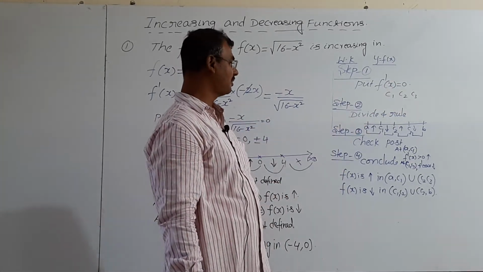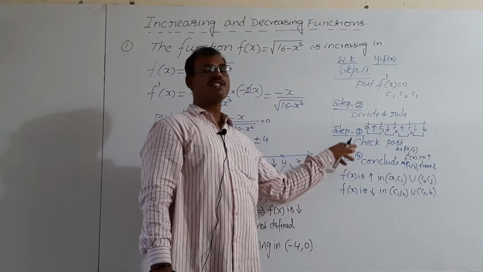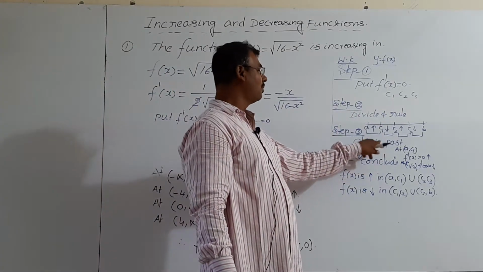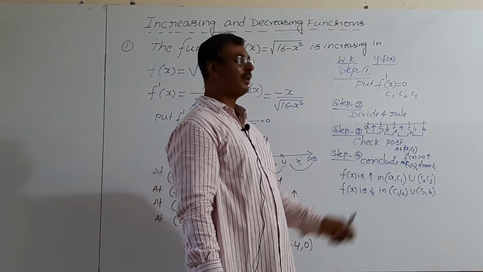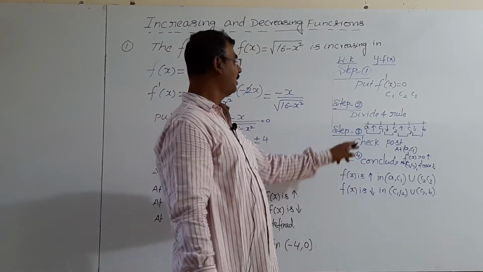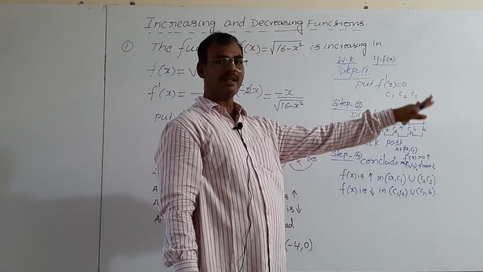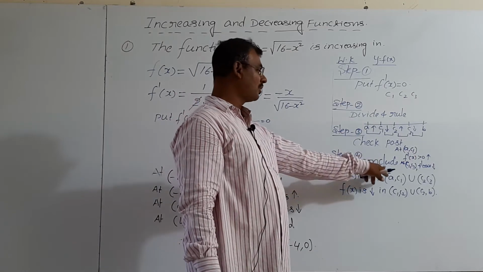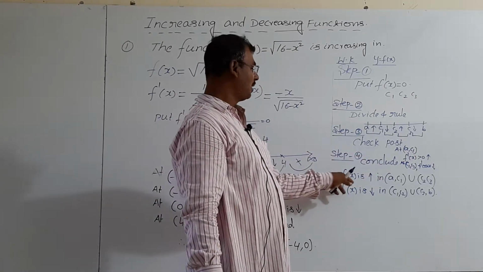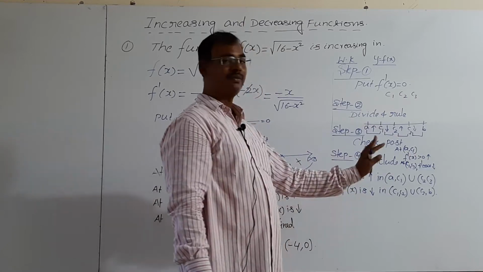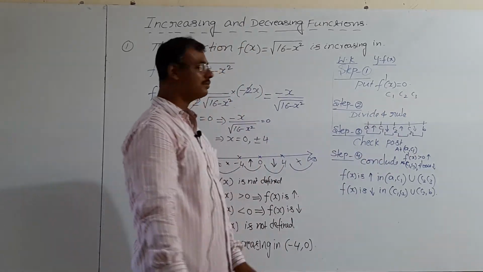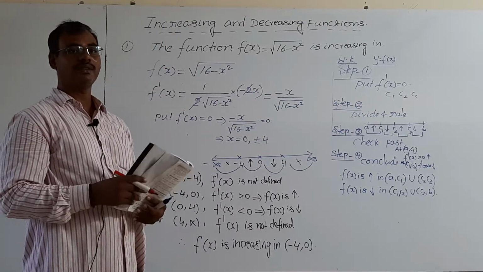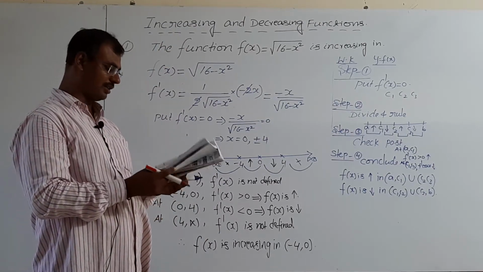Third step is check post: find the sign of f dash of x in the subintervals, either increasing or decreasing. After that, conclude the increasing function and decreasing function intervals. Clear? Okay, now shall we start the next questions like this?